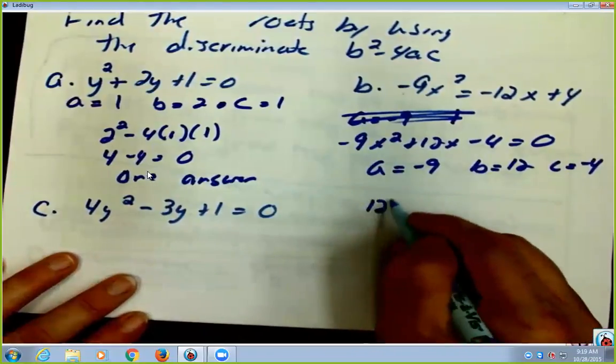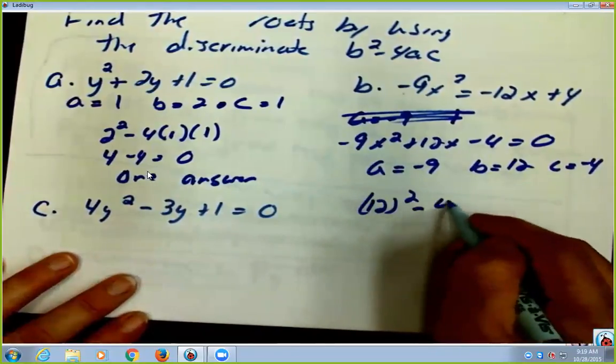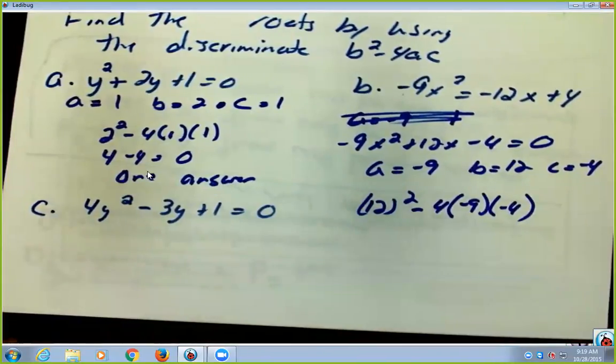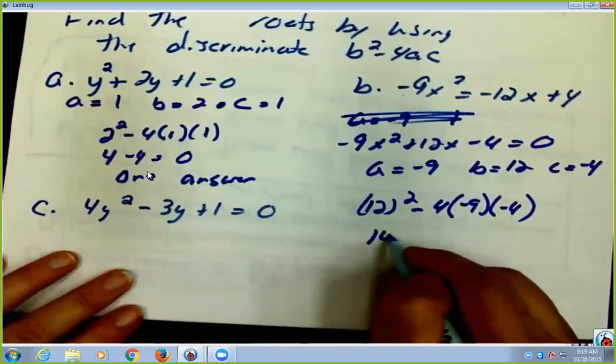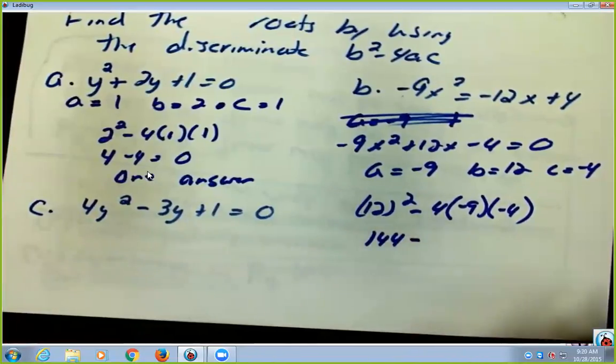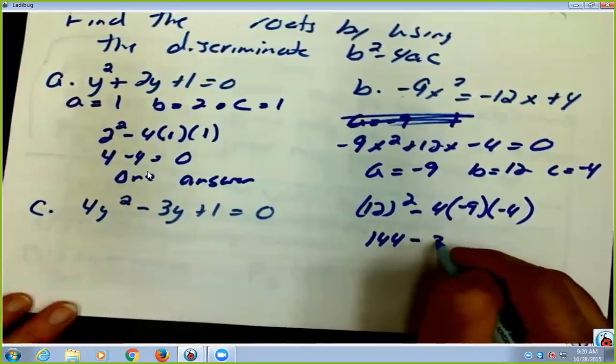So I have 12 squared minus 4 times a negative 9 times a negative 4. Well, 12 squared is 144. But the other part, you probably want to use your calculator for. And I get a negative 324.